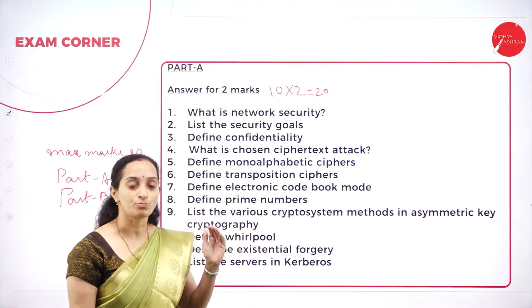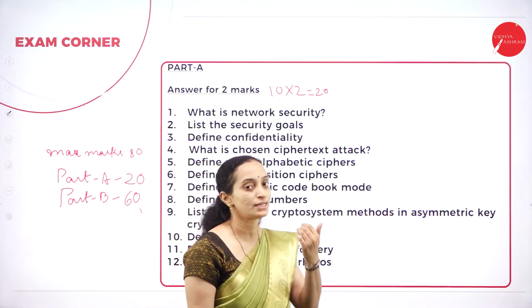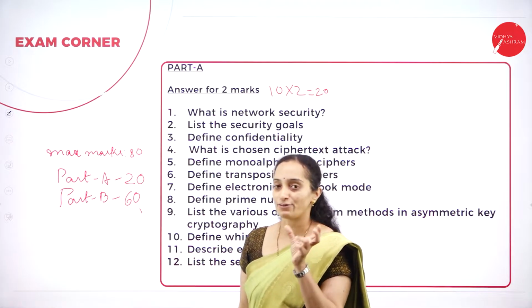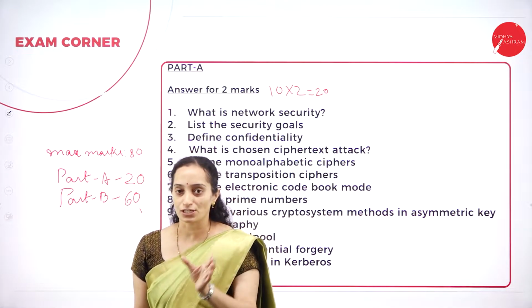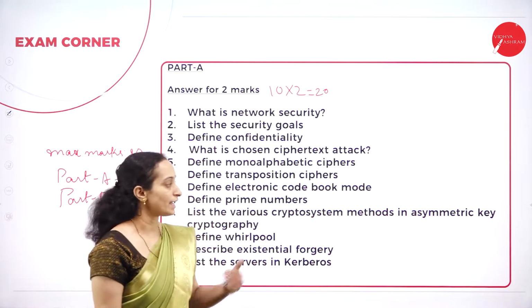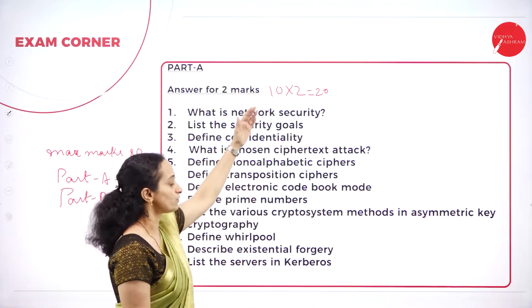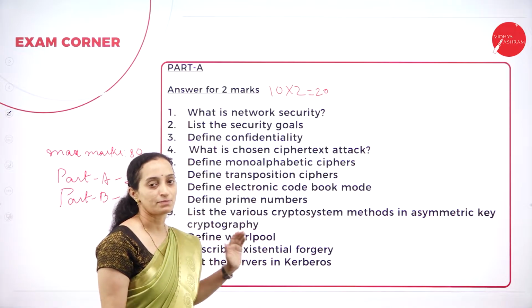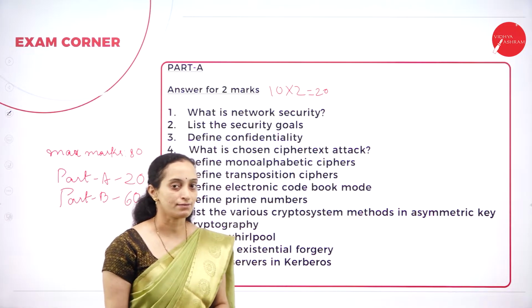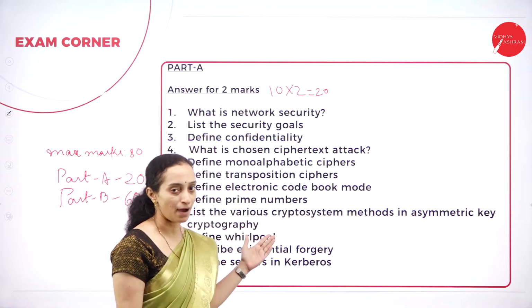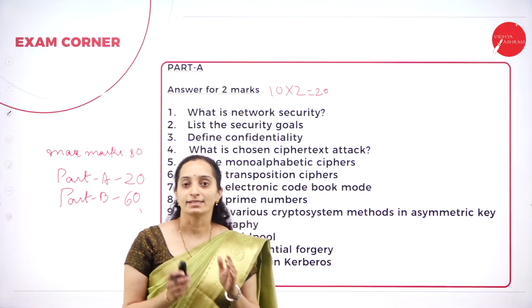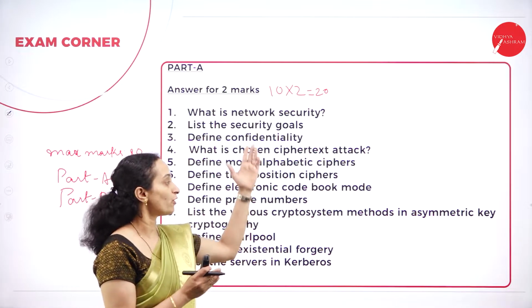So you need not put too much effort into thinking about this, because sometimes only a definition of a term or a concept itself will fetch you 2 marks. So you can easily get 20 marks from this part A. Another advantage of this part is you can spend less time for 20 marks.